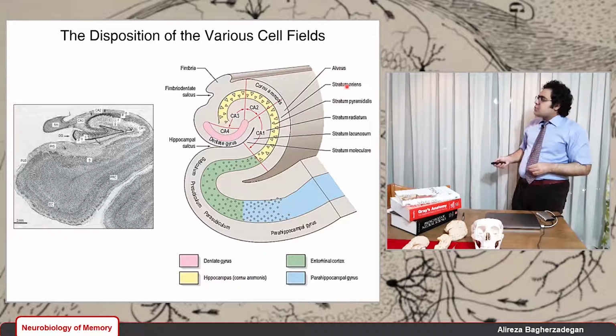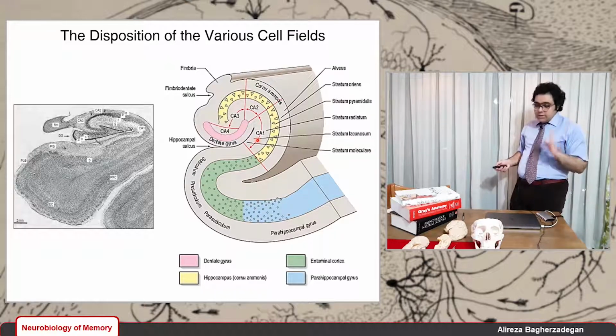Then we have stratum oriens, stratum pyramidale, stratum radiatum, stratum lacunosum-moleculare, and stratum moleculare. I tried to find the correct pronunciation of these layers, but I couldn't find a reliable source. So I'm really sorry, I apologize if I'm pronouncing them incorrectly. Okay, and this is the dentate gyrus.